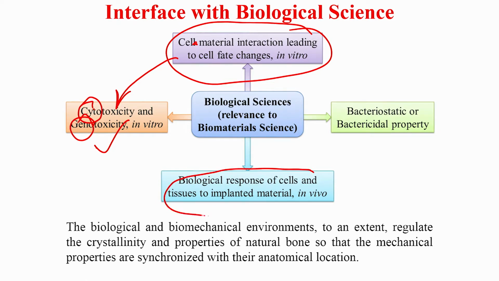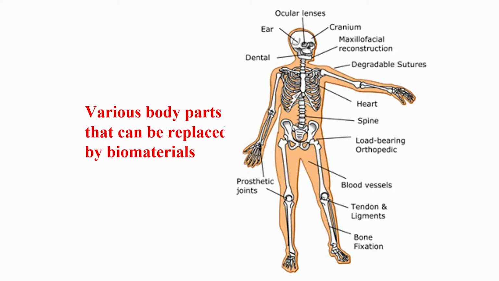Third, the biological response of cells and tissues to implanted material in vivo, that is, what is the biocompatibility response in vivo. And fourth is bacteriostatic or bactericidal property. This is also another important thing, how the bacteriostatic property is evaluated for biomaterials. Now, this is the human skeleton, just to show you how biomaterials can be used right from head to toe.